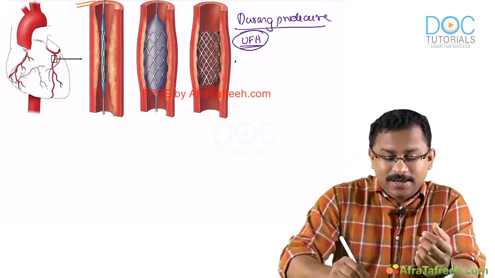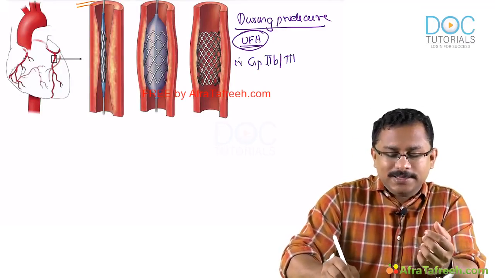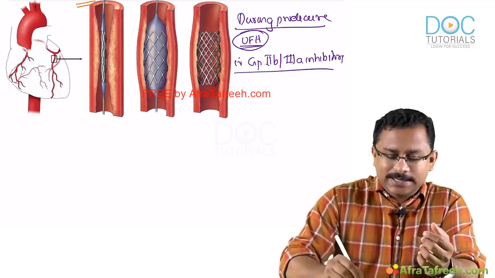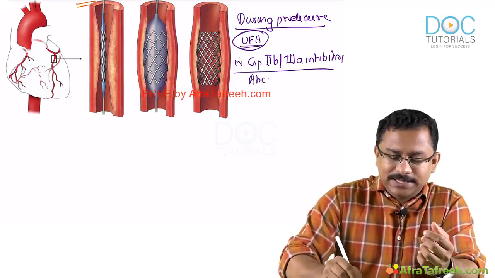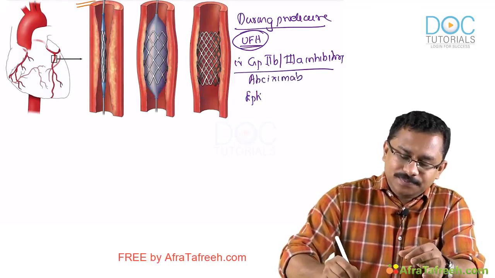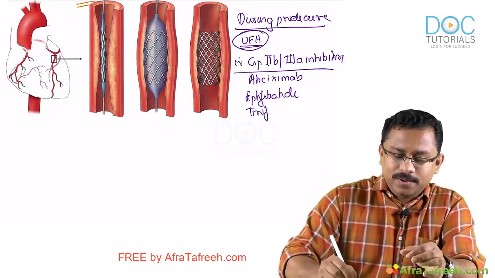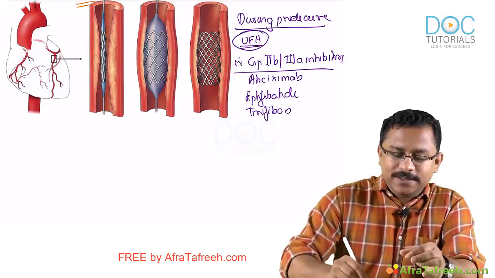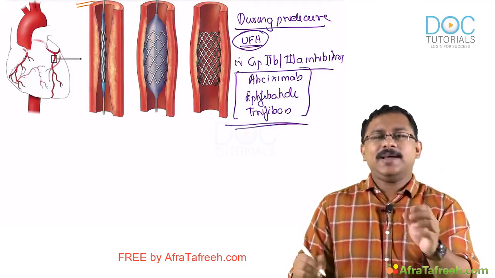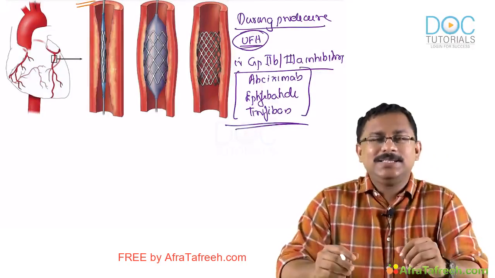You can even give intravenous glycoprotein 2B3A inhibitors during the procedure, such as eptifibatide or tirofiban. You can go for these agents during the procedure.